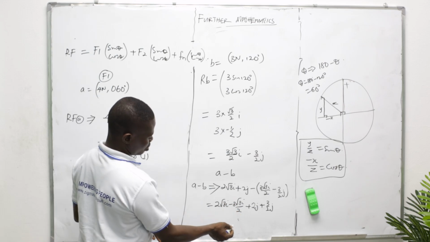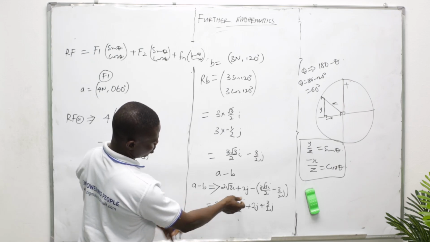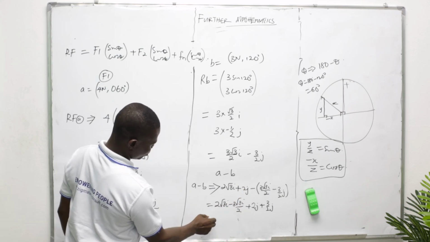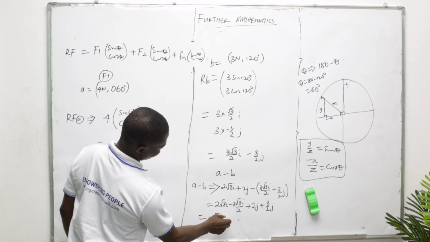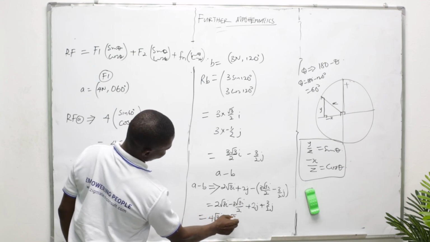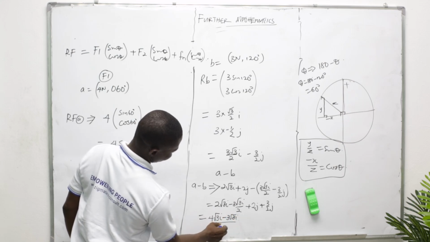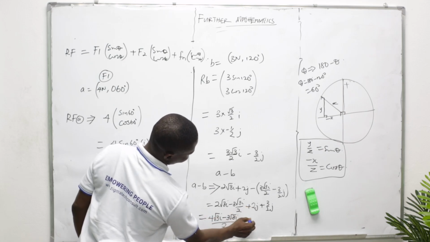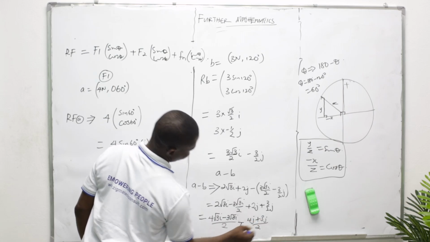So I want to conclude now. 2 root 3 I minus 3 root 3 I all over 2 will provide us with 4 root 3 I minus 3 root 3 I, still all over 2, plus this coming here, that's 4 J plus 3 J all over 2.